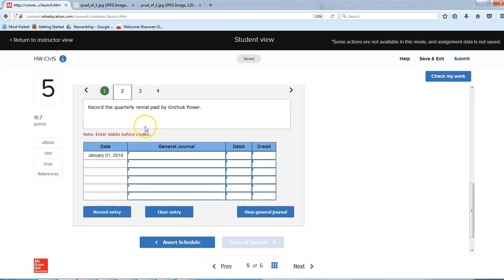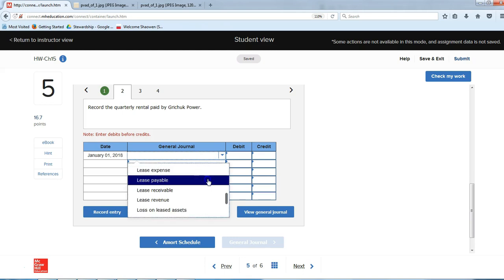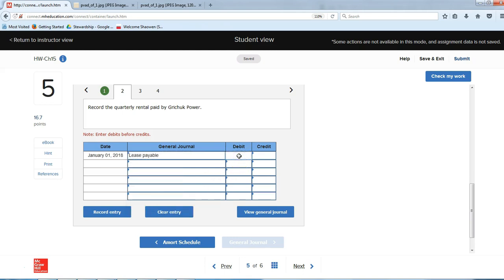And then the same day, they pay $15,000, still on January 1st, and the payment reduces the liability.